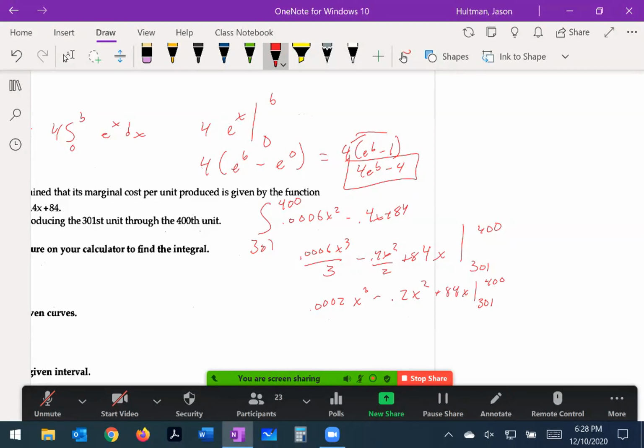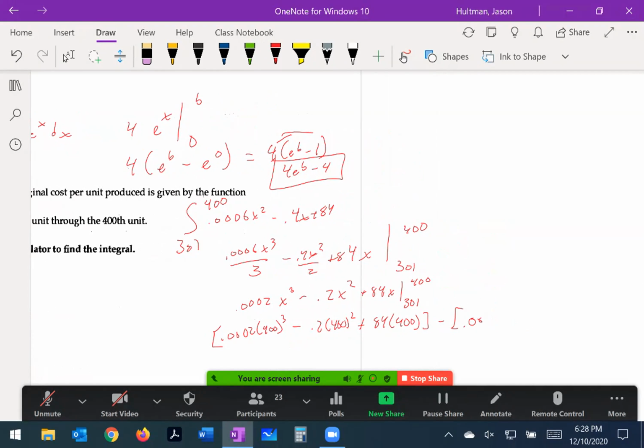Plugging in the 400, I go 0.0002 times 400 cubed minus 0.2 times 400 squared plus 84 times 400, minus 0.0002 times 301 cubed minus 0.2 times 301 squared plus 84 times 301.